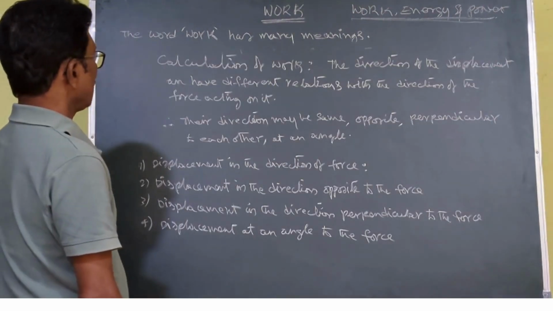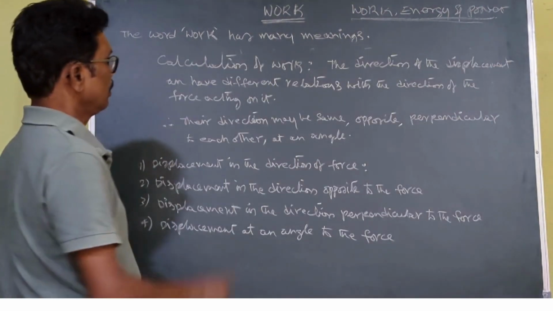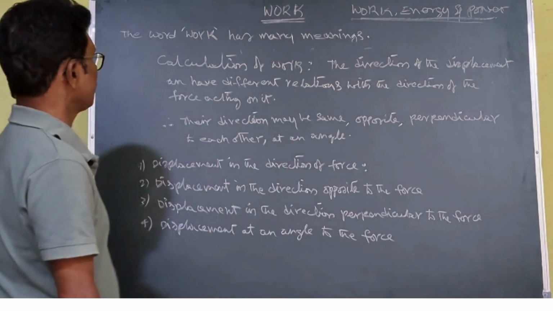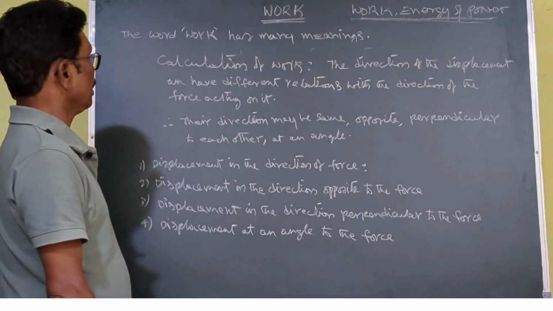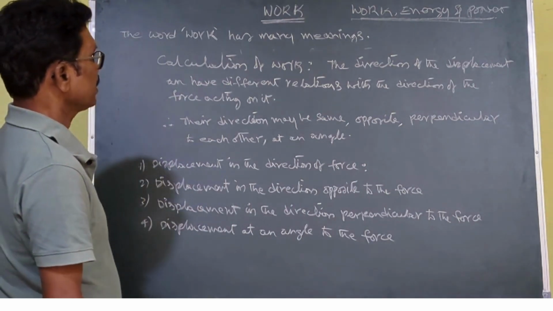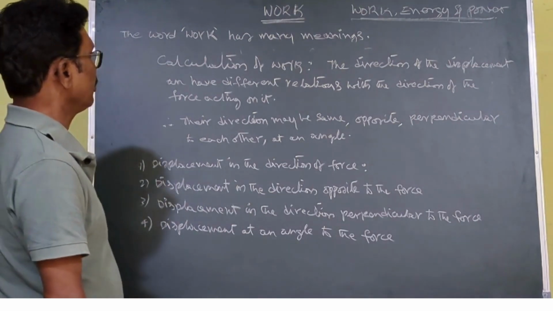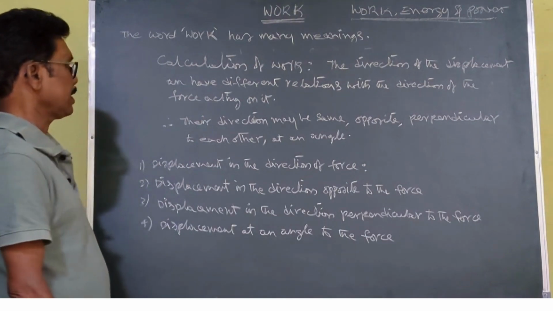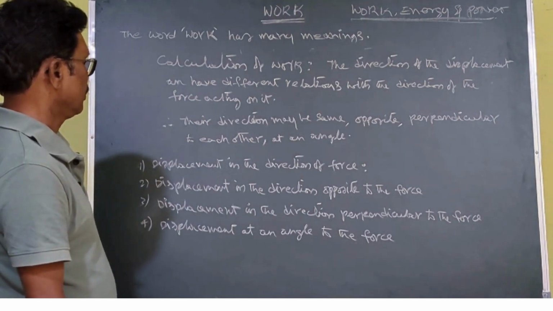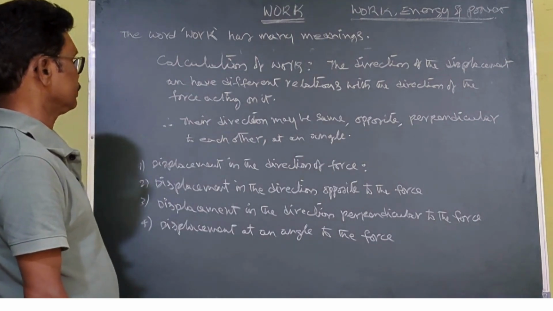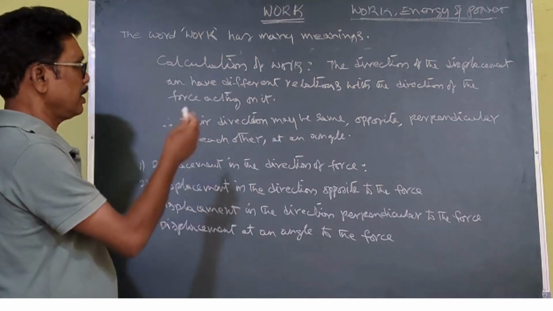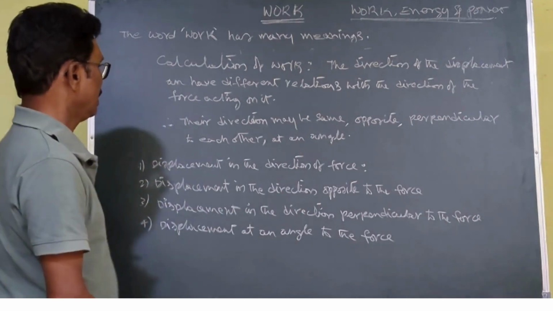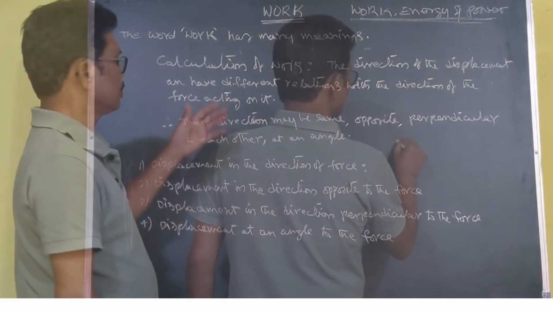Now we can learn how to calculate the work. We know that the direction of the displacement can have different relations with the direction of the force acting on it. Their directions may be the same, opposite, perpendicular to each other, or at an angle.